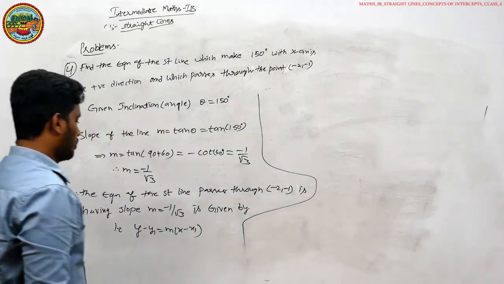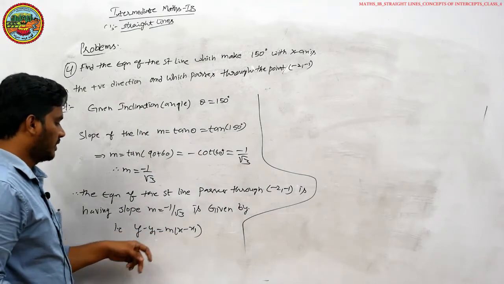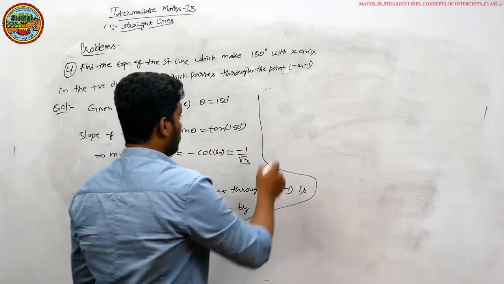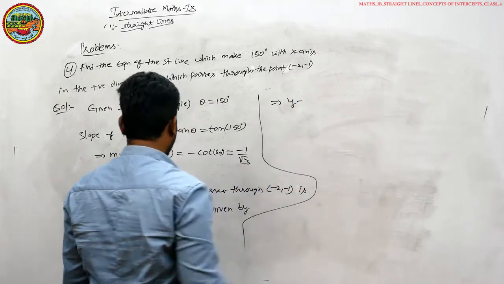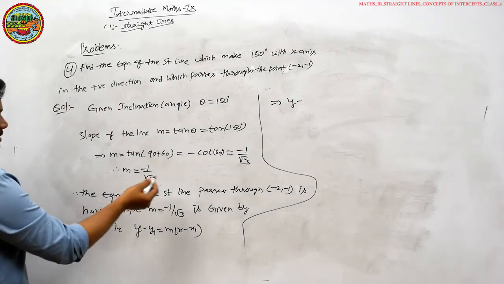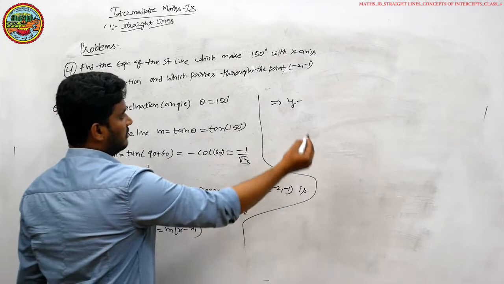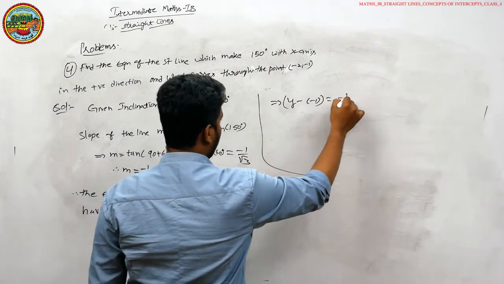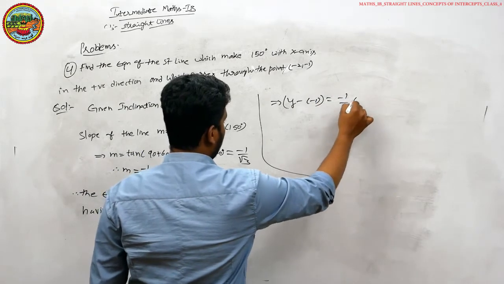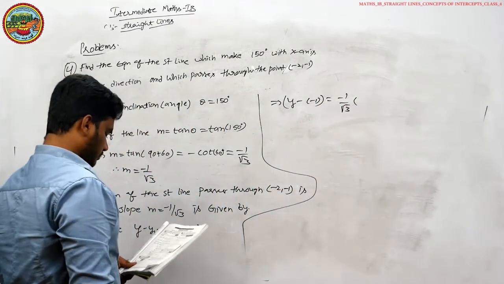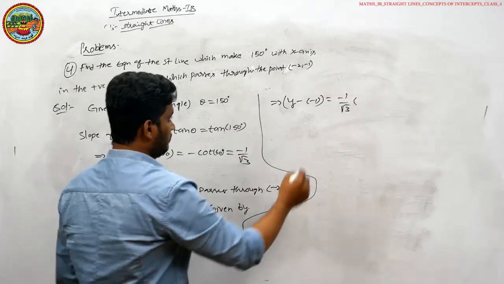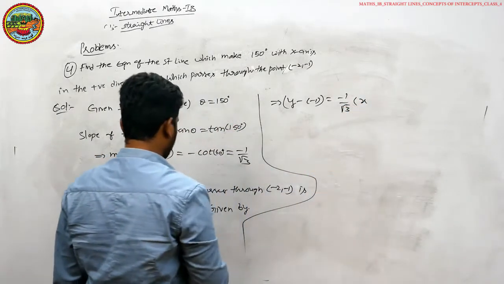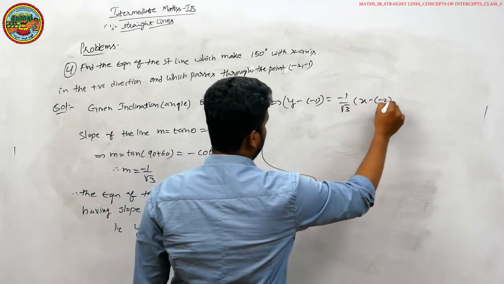So substituting slope and point, we get the equation of the line. y minus y1, so this is y minus of minus 1, is equal to slope, which is minus 1 by root 3, into x minus x1, which means x minus of minus 2.